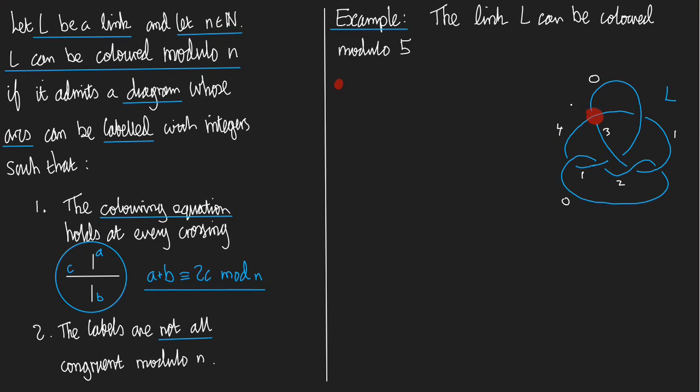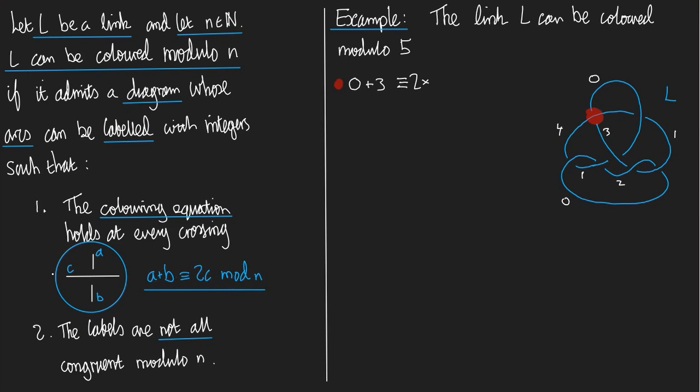Now what is A here? Well, A is the label of one of the arcs that comes in and passes under the crossing. So 0. What is B? B is the label of the other arc that comes in and passes under the crossing. So the equation is saying 0 plus 3 should be congruent to 2 times C. And what is C?